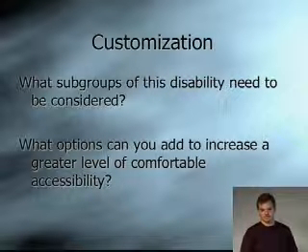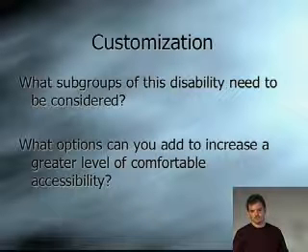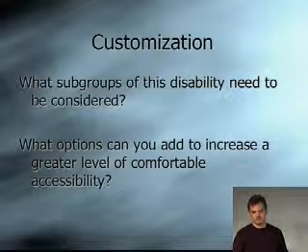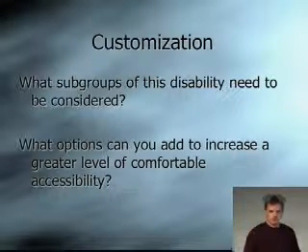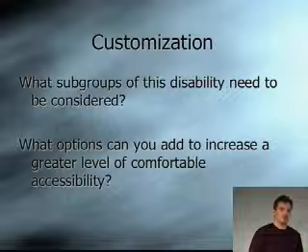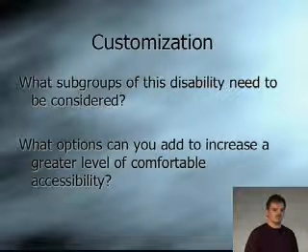Do we design a special device for people who have disabilities, or do we add functionality to the standard device? In most cases, it's better to add it to the standard device.